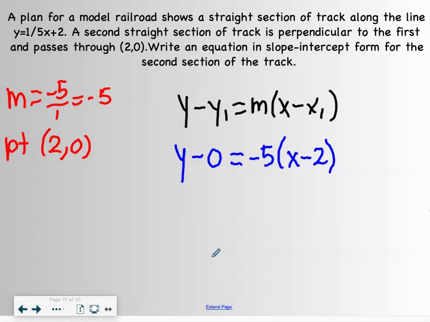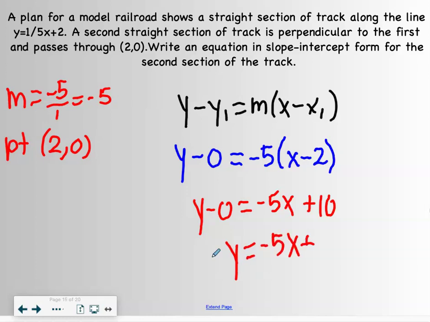Negative 5x plus 10. What's negative 5 times negative 2? 10. Do we care about that 0? No. Not today. Negative 5 over 1 is the same thing as negative 5, right?